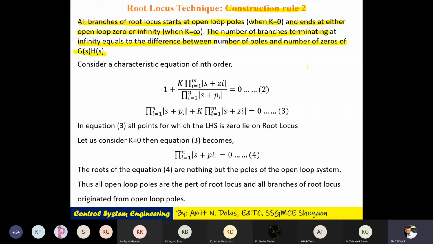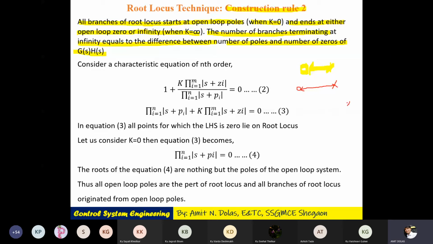Let's have an example. If I have one pole and one zero, then suppose this is the pole and this is the zero, then there will be only one branch starting at the pole, and I'll use the pointer instead. If I have a pole here and a zero here, one pole, one zero, this pole will originate one branch and will terminate here. This is the case of one pole, one zero.